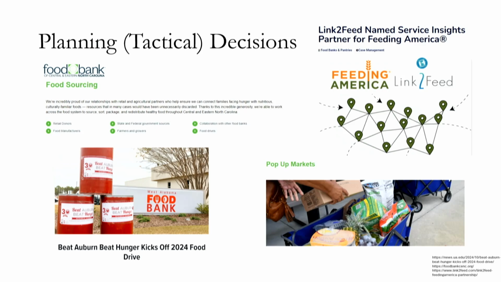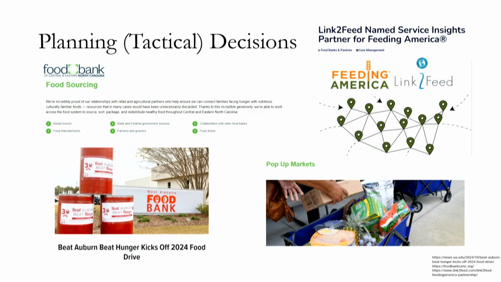For example, the Food Bank of Central and Eastern North Carolina uses the retail donations program to partner with retailers such as Walmart or Publix. As a result of these partnerships, those retailers donate regularly to the food bank. These can be things like donating a truckload of food every week.